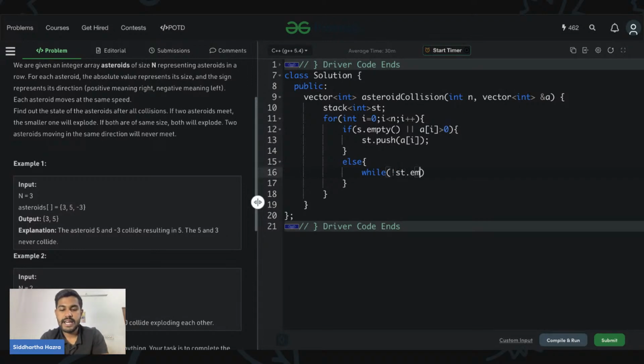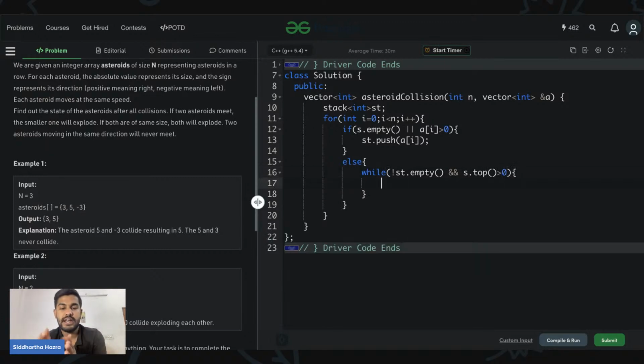So while the stack is non-empty, this is the very first thing that you should do in case of stack. Why? Because whenever you want to access the top element of the stack, please confirm that the stack has some element. So if the stack is non-empty, that is, it has some element, then access the top. And the top is greater than 0, the top is a right moving particle.